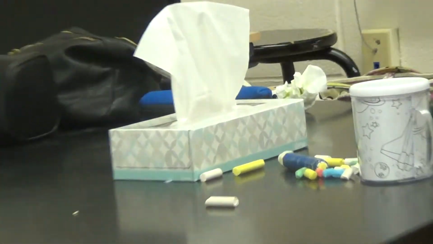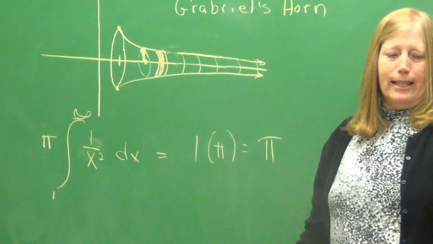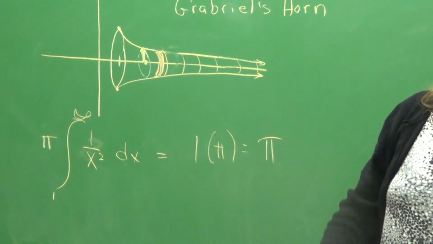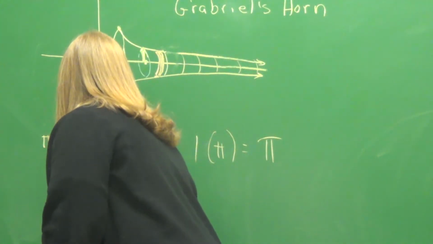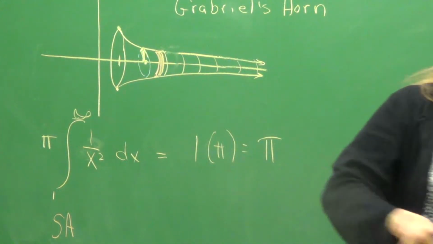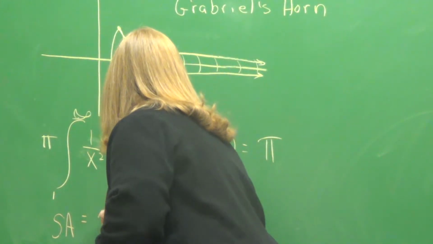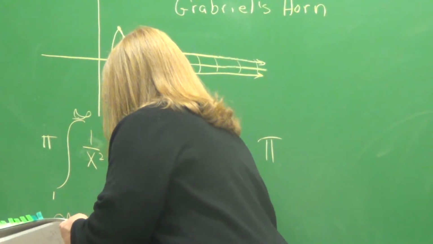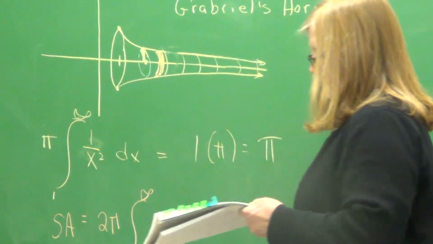On surface area, we no longer talked about discs that went through. We talked about ribbons that wrapped around the object. And that day we developed a formula. Does this look familiar at all for surface area? The surface area of a figure was an integral, and it was 2 pi, I'm not going to show y anymore, and this one's still going to go from 1 to infinity.